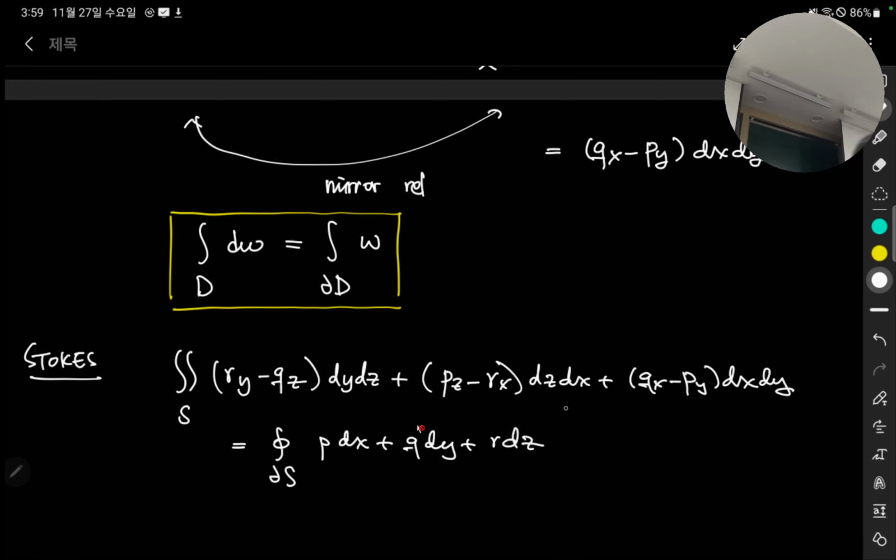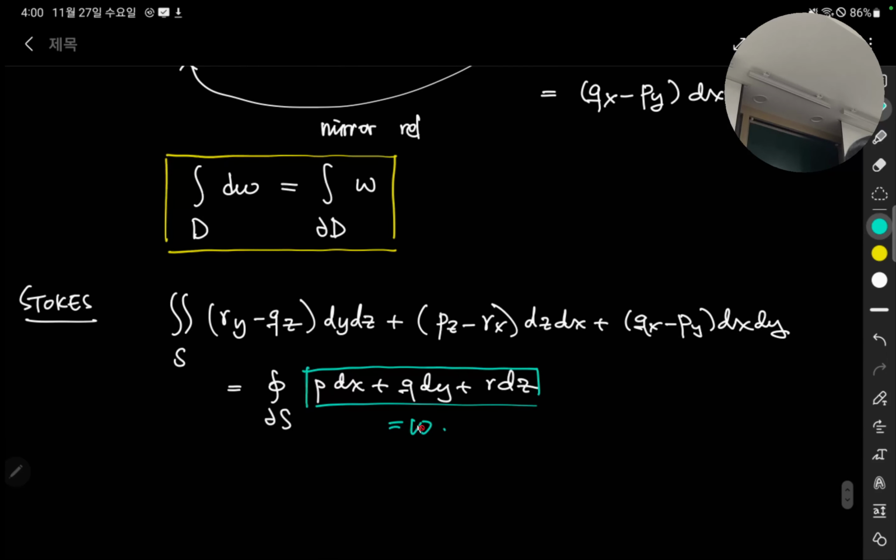We're going to do the same thing as we did in the Green theorem, but now the only difference is that we have one more variable than before. The z component appears here, but everything else is the same. We have a one-form on the right-hand side, okay?